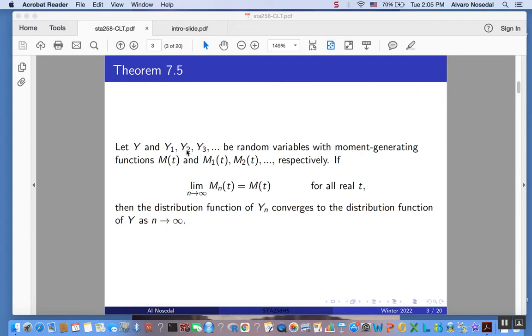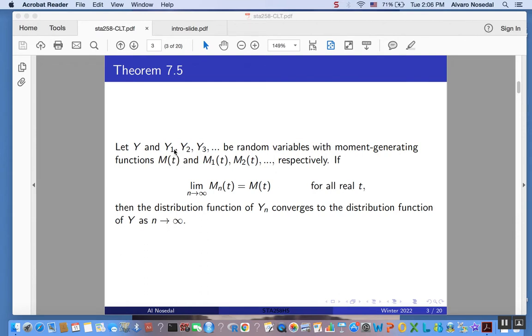If you have a sequence of random variables and the sequence of moment generating functions converges to a particular MGF, then in the limit, as n goes to infinity, the distribution of the sequence y1, y2, y3, up to yn is going to be the one of the limiting MGF.